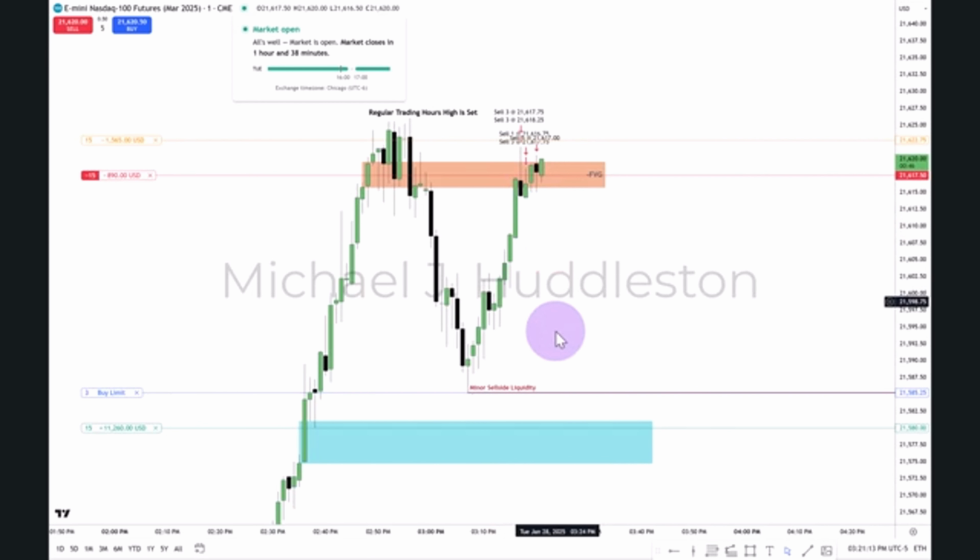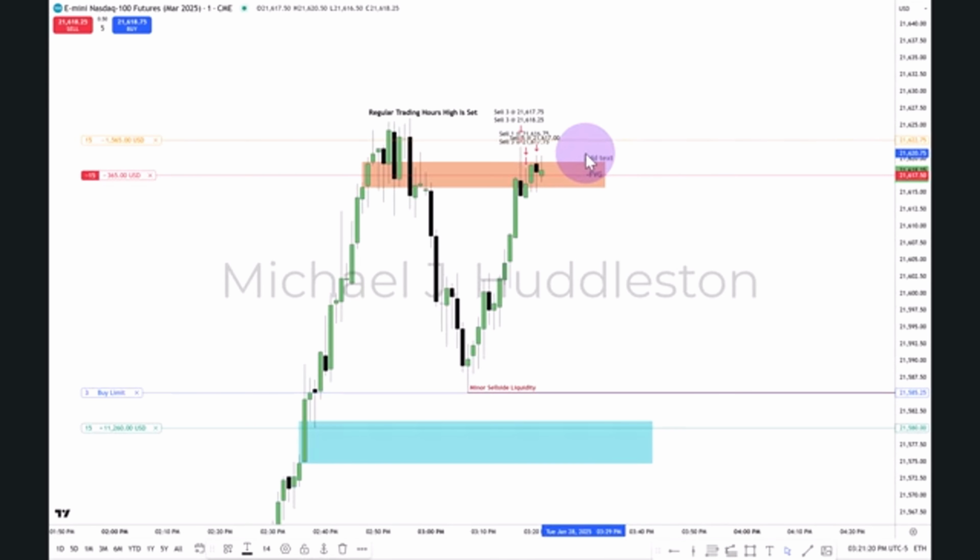Now they can throw a manipulation in there and wipe me out, but that's not going to follow the script. So the script is the daily high is already set, so any type of wick bodies shall not pass.